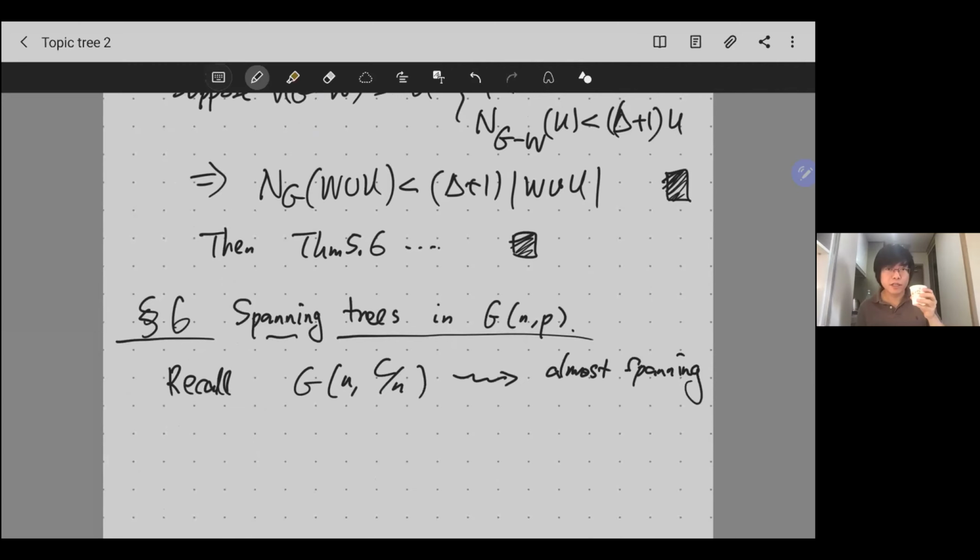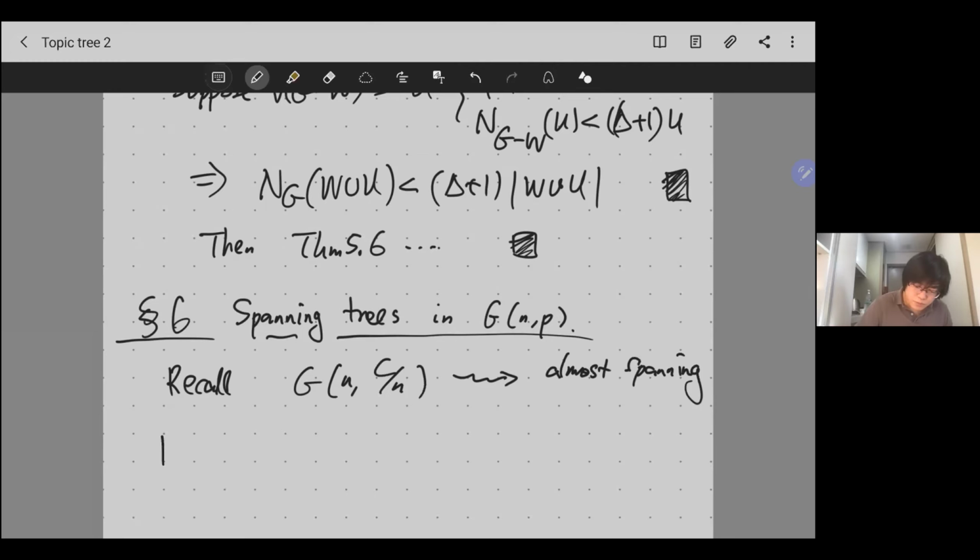The answer is obviously no, because to have a spanning tree, a necessary condition is that the random graph has to be connected. And for the random graph to be connected, a necessary condition is minimum degree has to be at least 1, right? And all of this threshold is roughly log n over n.